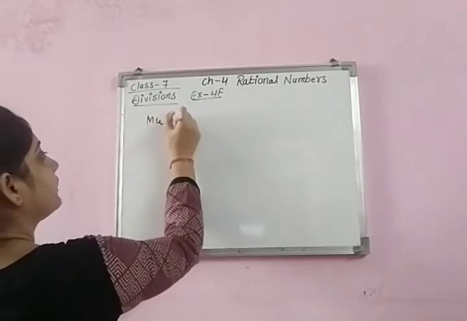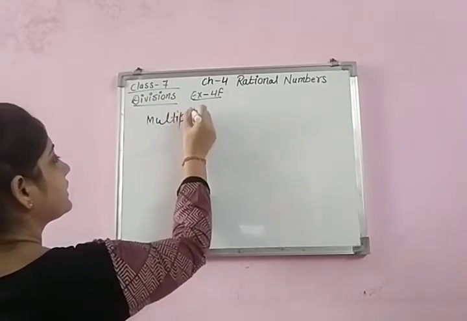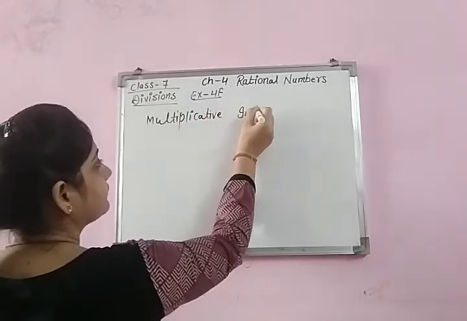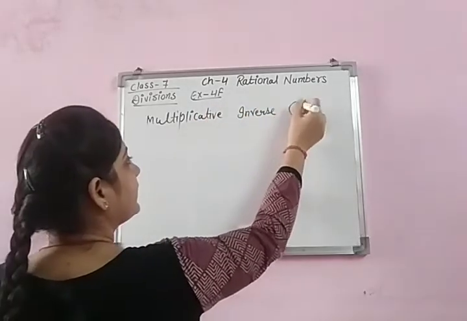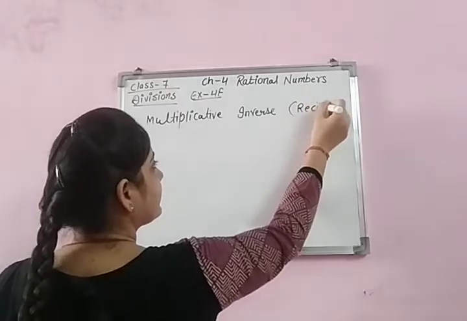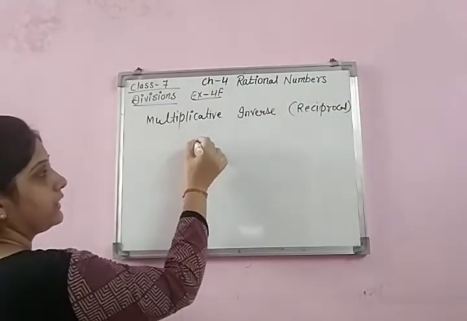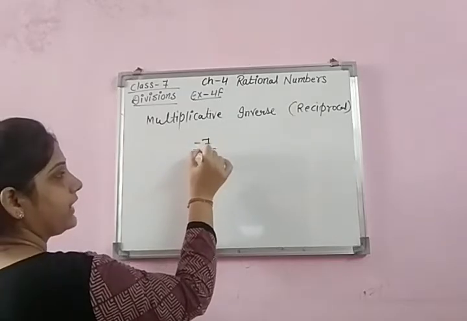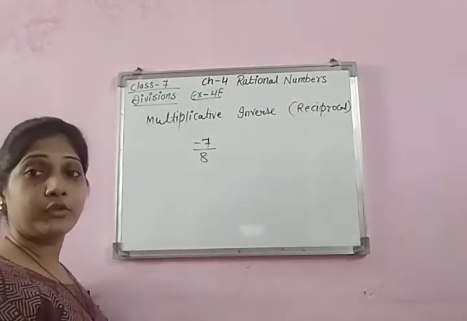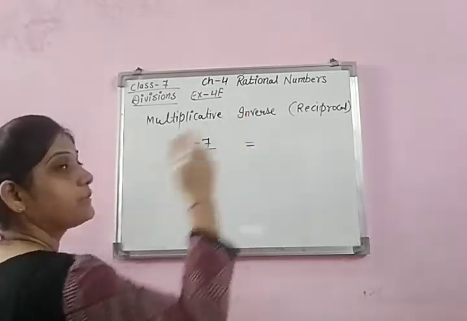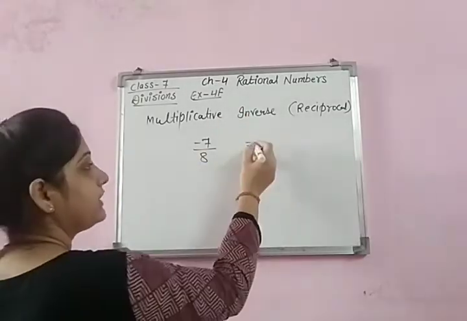Let me explain. You know the word multiplicative inverse. This is only known as reciprocal. Multiplicative inverse, or we can say reciprocal. So children, if a number is given, negative 7/8, and we want to write its reciprocal, we have to change the position of its numerator and denominator.